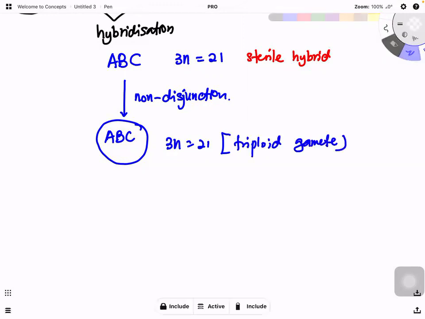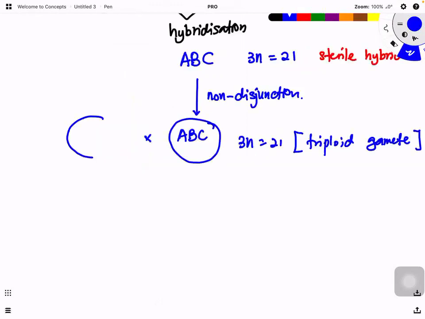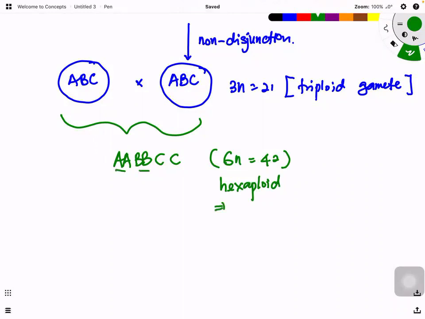When these triploid gametes fertilize together, they produce AABBCC, which is 6n equals 42. This is called a hexaploid, or more precisely an allohexaploid, because AA is from one species, BB from another, and CC from another.